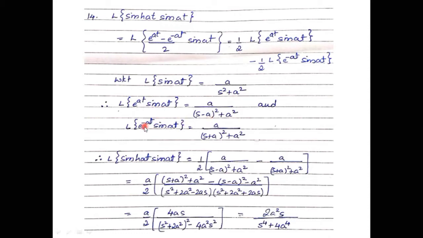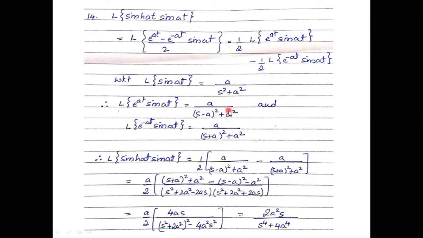And here in place of a, you have minus a, so you'll be replacing s by s plus a. So this is how it looks after doing all these modifications. For Laplace transform of e power at sine at, I have replaced s by s minus a here, and here there is minus a, so I have replaced s by s plus a.